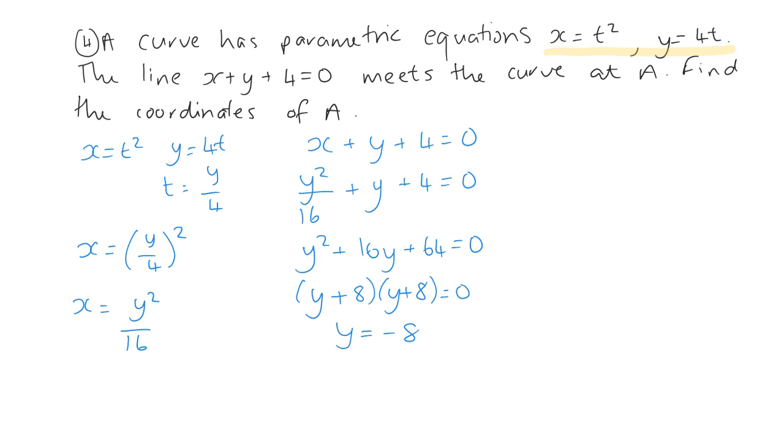We'll get that y is minus 8. And then substitute that into either equation. And we'll get x is y squared over 16, so 64 over 16. So that's 4. So the coordinates for A are (4, minus 8).